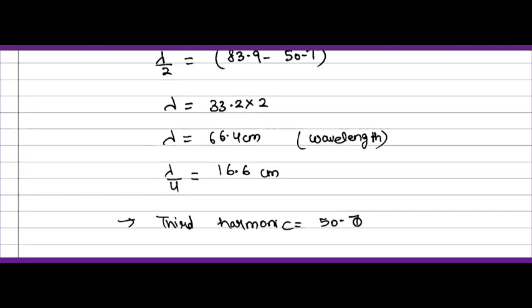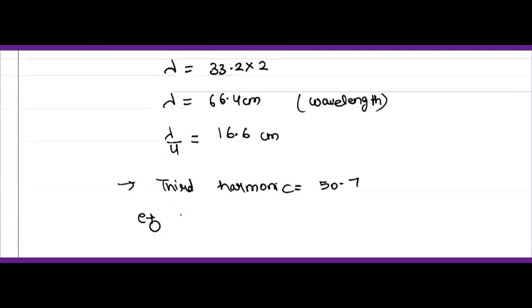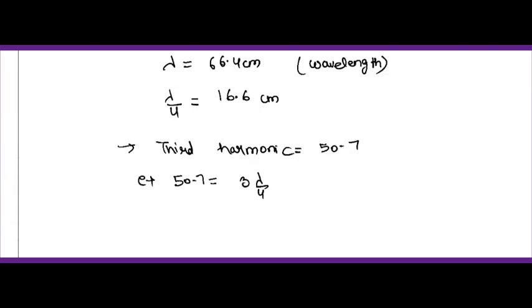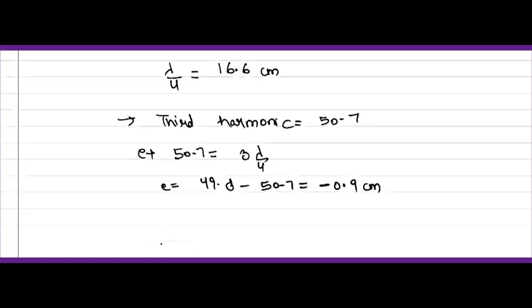So e plus 50.7 is equal to 3 lambda divided by 4. From this we can say that e is equal to 49.8 minus 50.7, so this is 0.9 centimeter here.